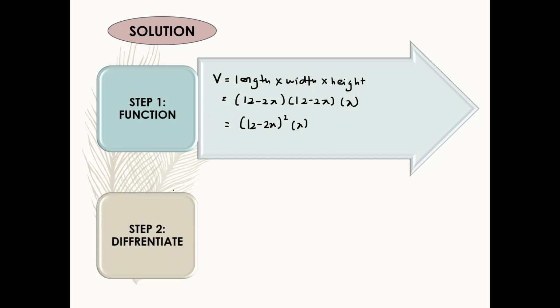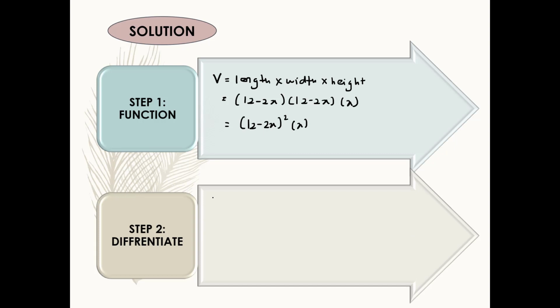So step number 2 is you need to differentiate the function. So we have to differentiate the volume. We can use the product rule. Then we get (12 minus 2x) squared times 1 plus x times negative 4 times (12 minus 2x).